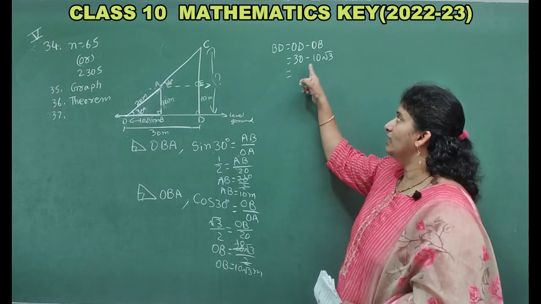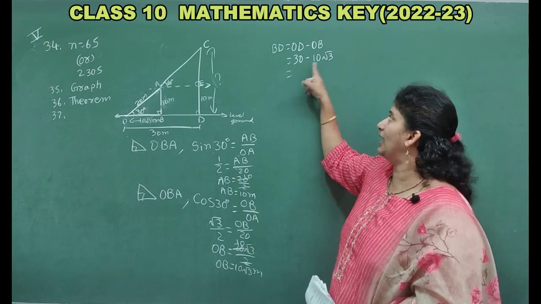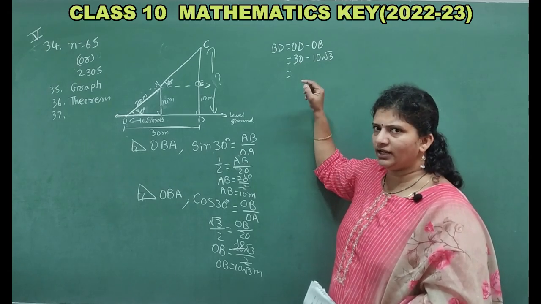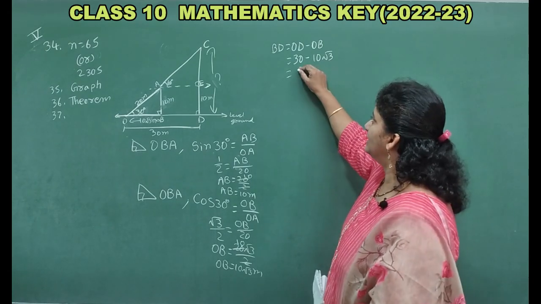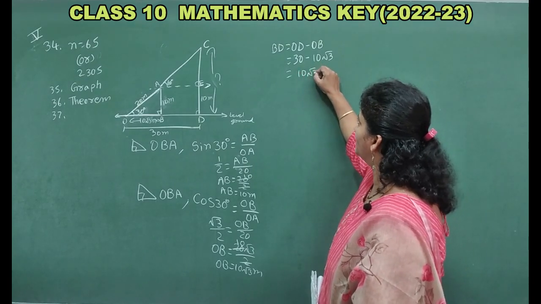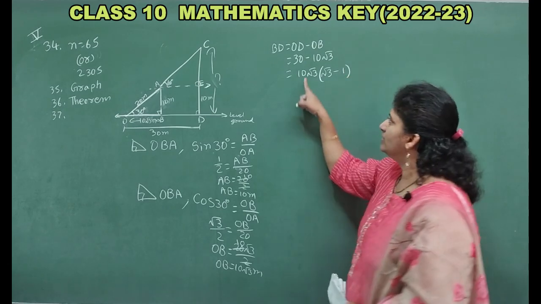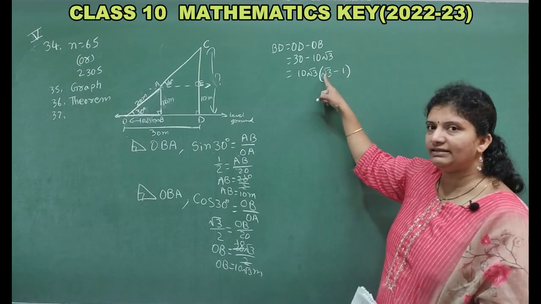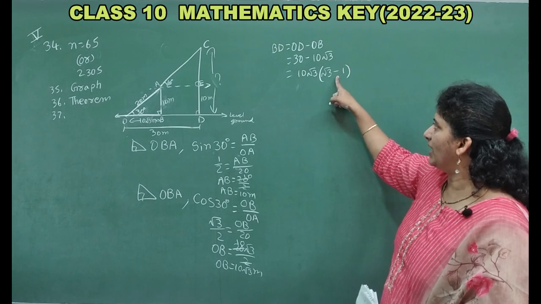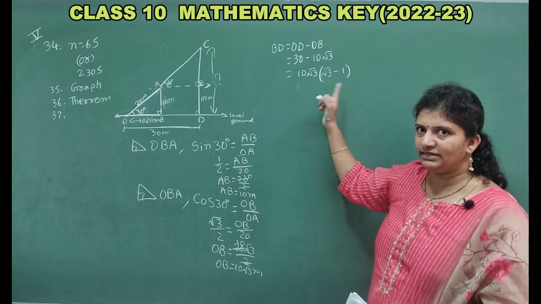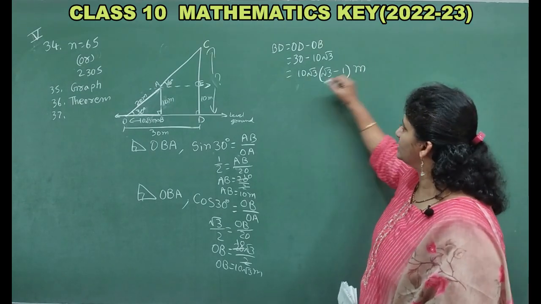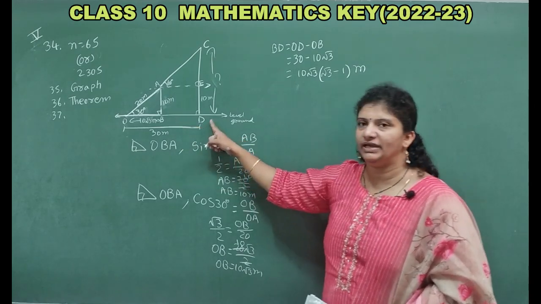But observe here, after taking 10 common, 3 and root 3 will be there. 3 and root 3, is anything common? Yes, 10 root 3 is common. And here it is root 3 minus 1. See, root 3 into root 3 is 3, 3 tens are 30, minus 10 root 3. So it is correct. So what is this? This is the length of BD.